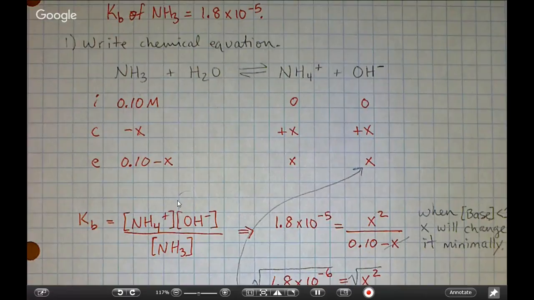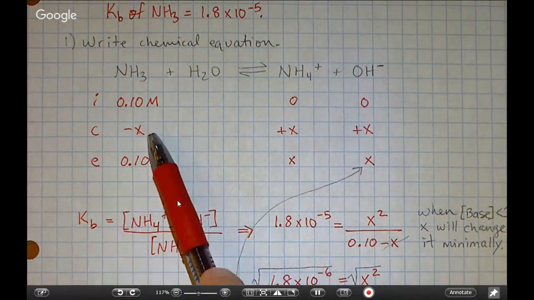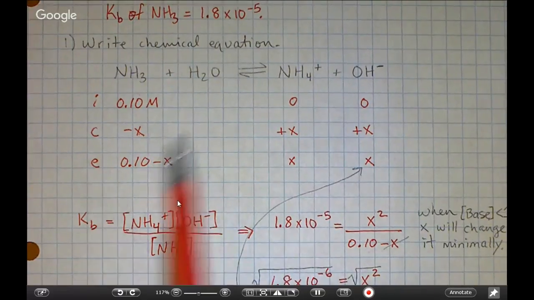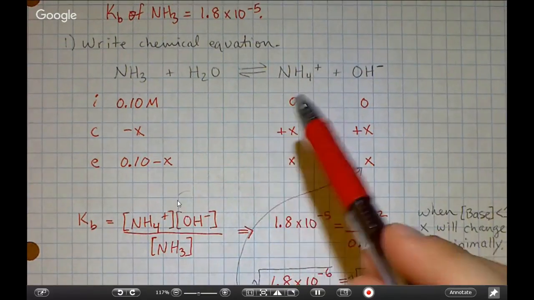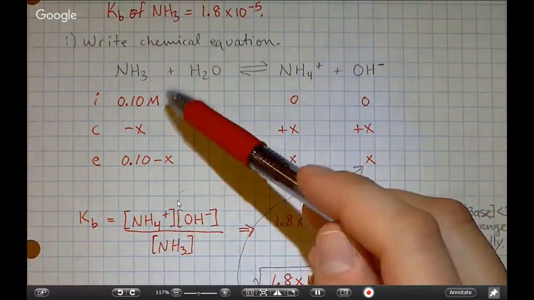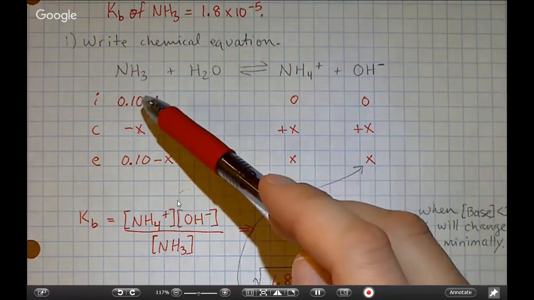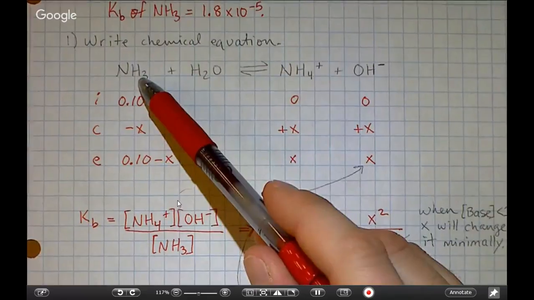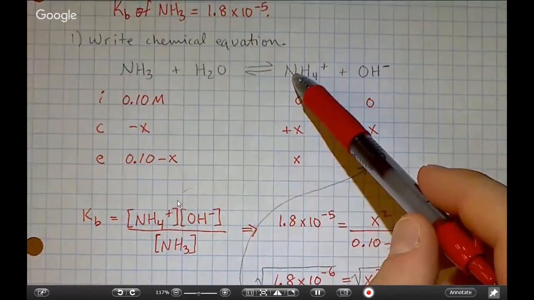Why do you still subtract x from the NH3 when the NH3 is the one that's receiving the group? You're not losing ions. Well, we're producing different ions in solution, so it's the similar idea that we start with this concentration, at equilibrium we're losing a molecule of this and forming molecules of these ions.